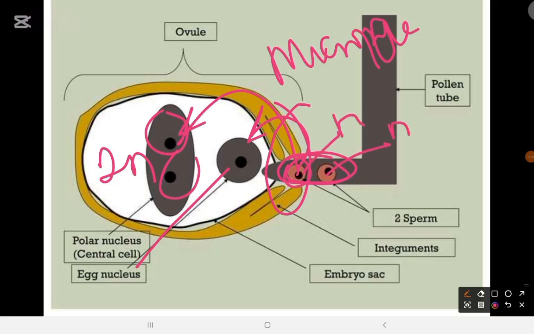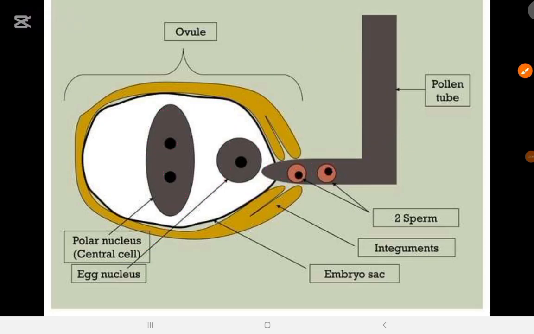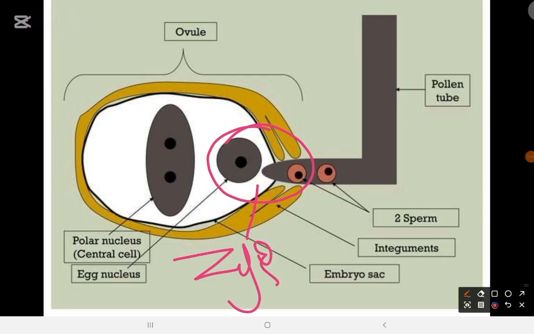Is that okay? So by the time these guys fuse, they are going to form a zygote. So the fusion of one sperm cell with the egg cell forms the diploid zygote. Is that okay? Zygote. And the fusion of this guy and this guy forms 1N plus 2N.